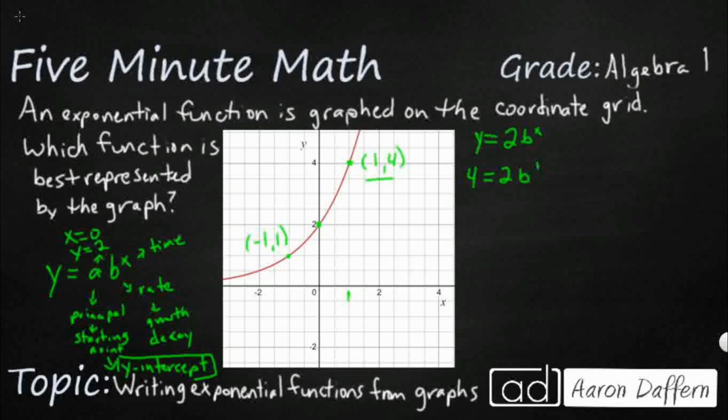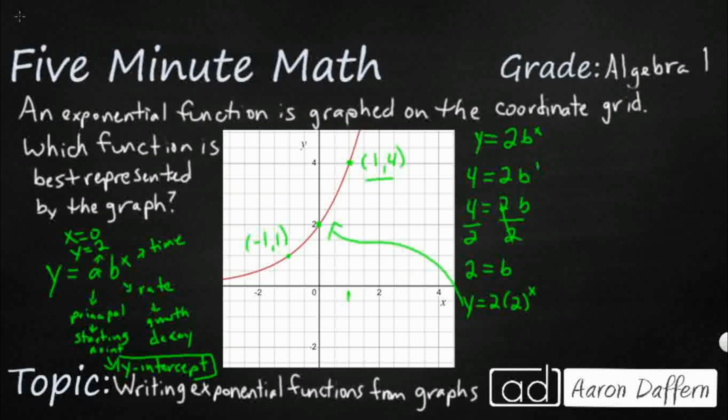So really, 4 equals 2b. We're going to divide both sides by 2, and look what you have. B equaling 2. All right, so if that's the case, we would write it like this. Y equals 2 times, parentheses, 2 to the x. That would be something that would represent that.